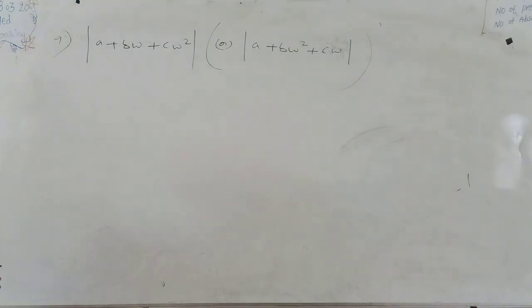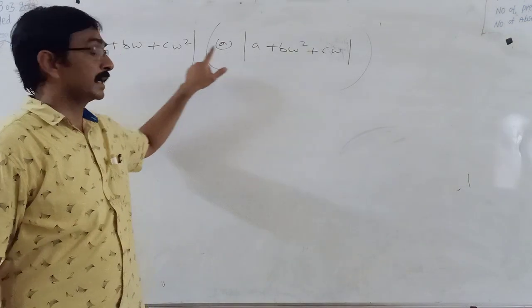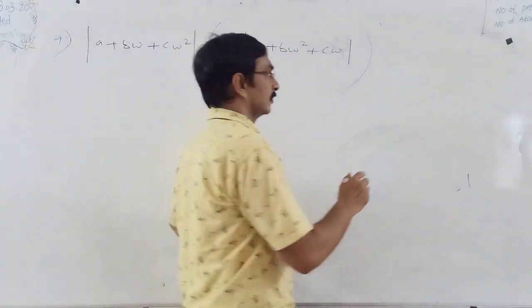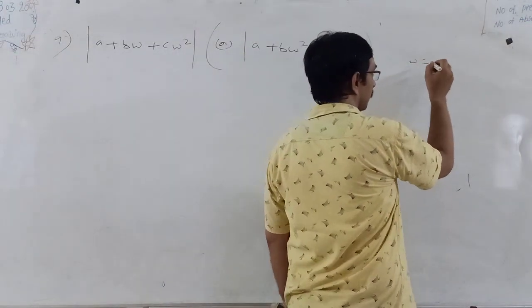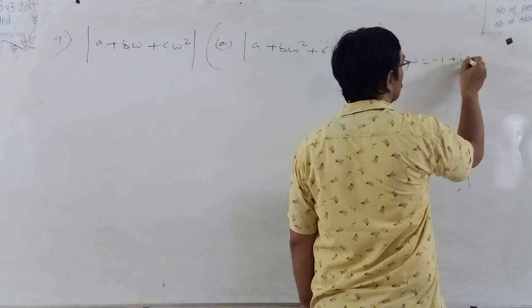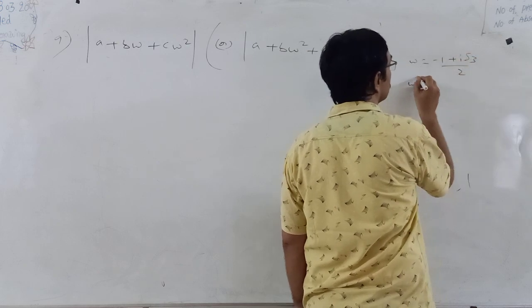Both are the same because this is the conjugate of this one. See, the value of omega is minus 1 plus i root 3 by 2.